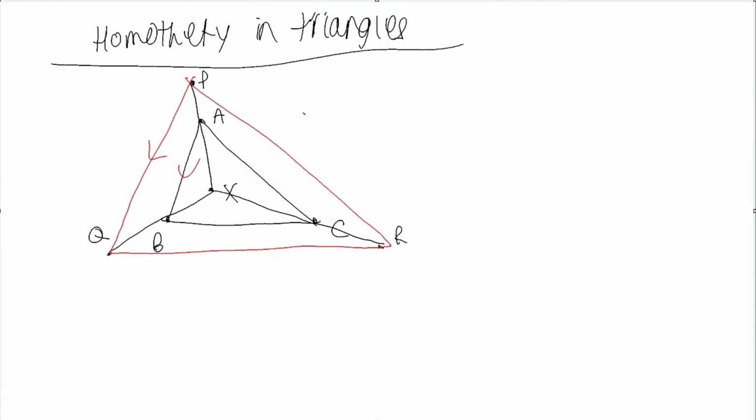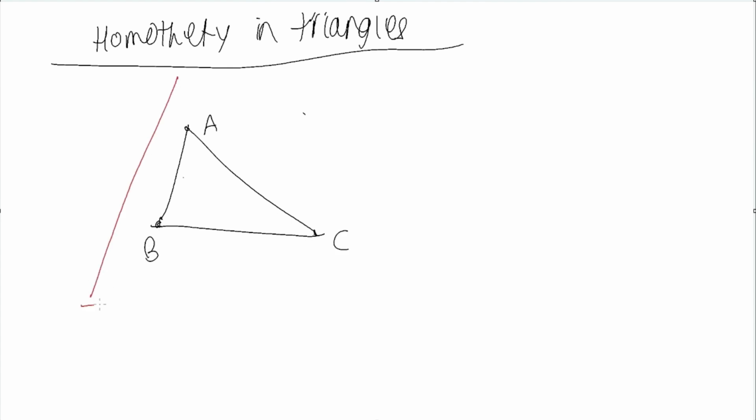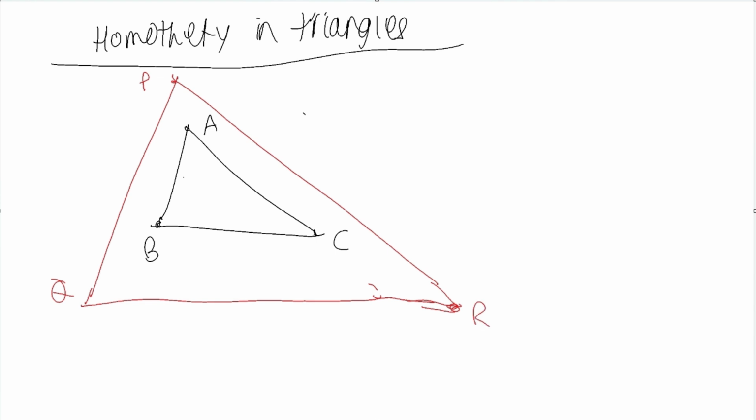And because triangles are so rigid in this sense, it makes us wonder if the reverse is true. That is, suppose that we have triangle ABC, and then we have an outside triangle here, PQR. Then does it actually hold that there's a homothety sending one triangle to the other?